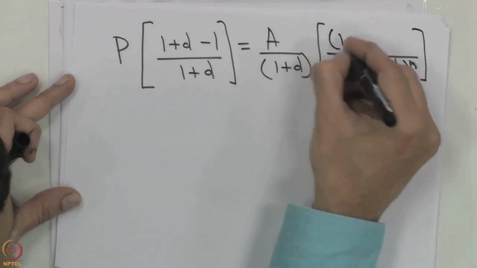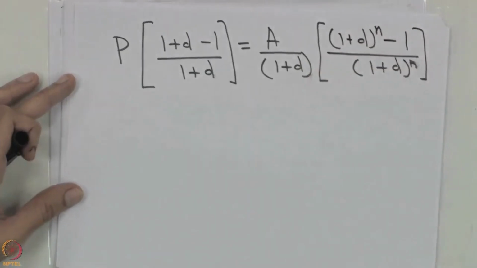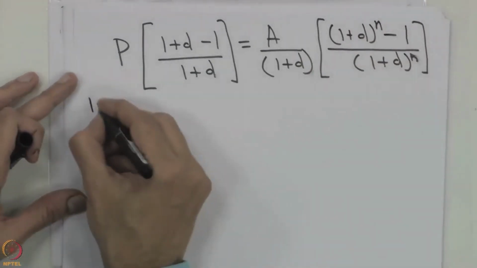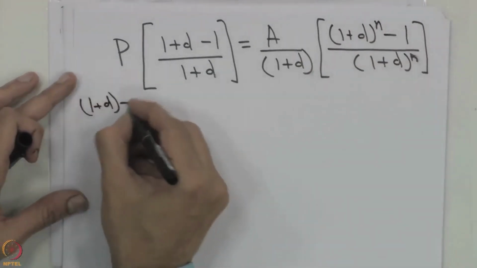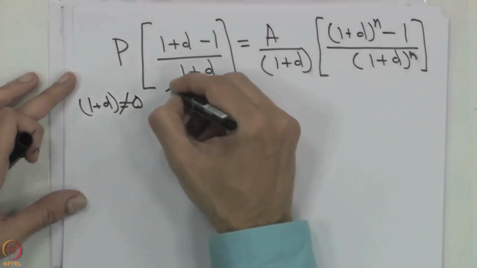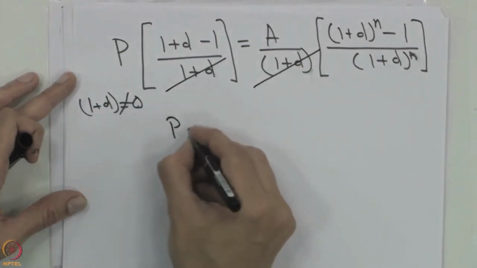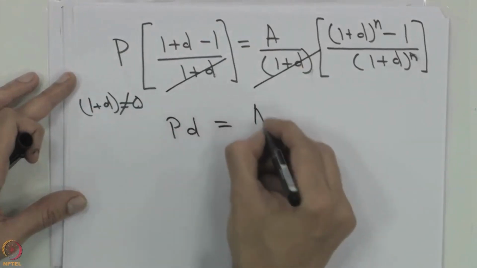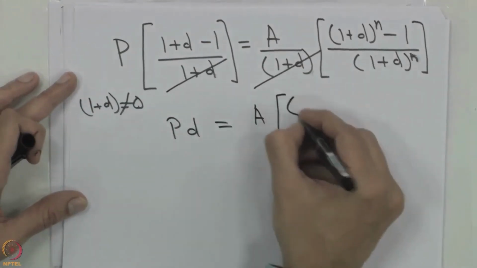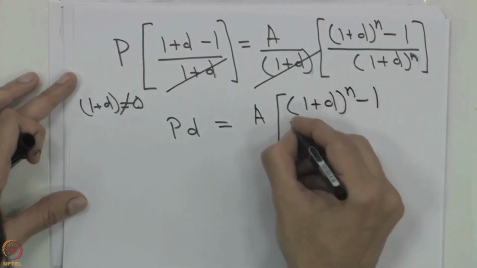This becomes 1 plus D raised to n minus 1. Now, 1 plus D is not equal to 0. So, I can cancel out these two terms and then I get P into D is A into 1 plus D raised to n minus 1.